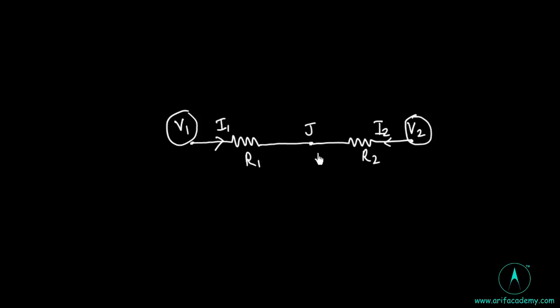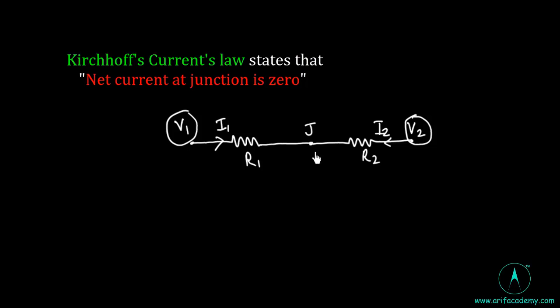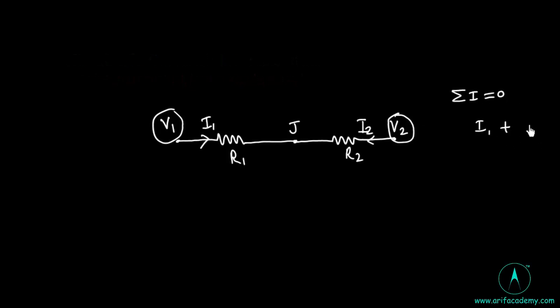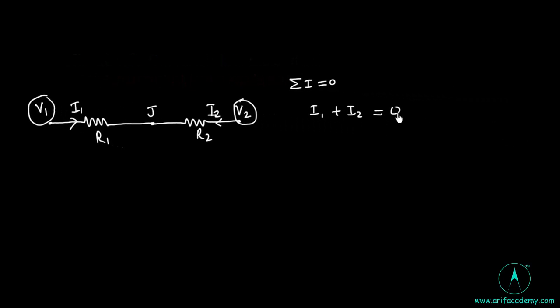The net current at the junction, the total current coming to the junction, we know is 0. So I1 plus I2 will be 0. Suppose the junction has potential Vj, and we have to find it.